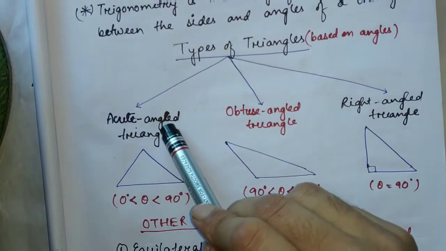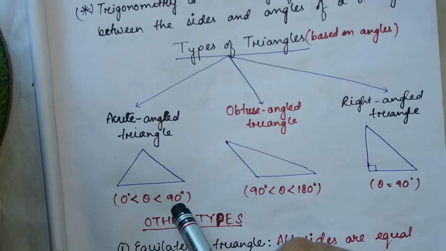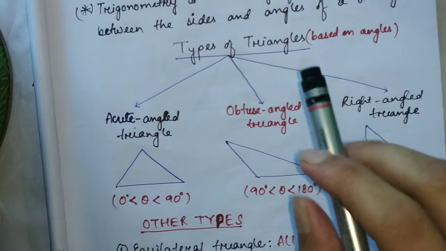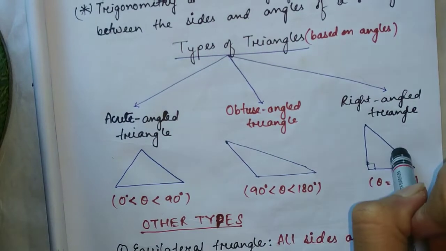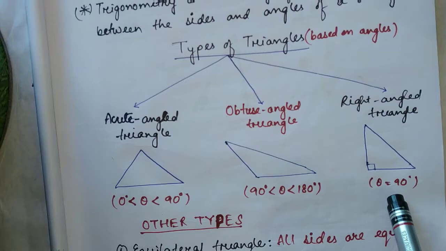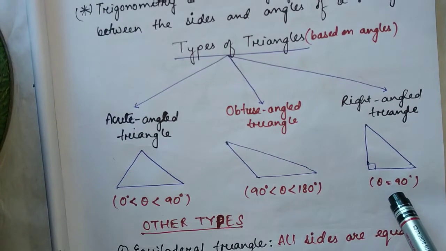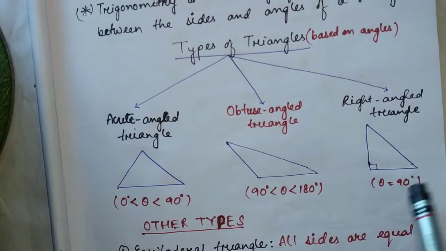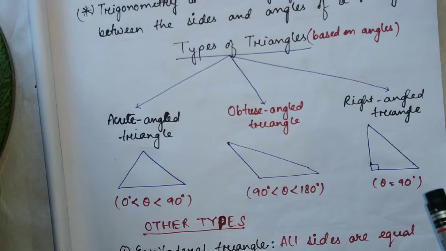Now acute angle triangles are triangles in which all the angles are less than 90 degrees, and in an obtuse angle triangle there is at least one angle which is greater than 90 degrees but less than 180 degrees, and in the right angle triangle there is one angle which is exactly equal to 90 degrees. In this chapter, the trigonometry chapter, we are basically concerned with right angle triangles, in which there is at least one angle which is equal to 90 degrees.